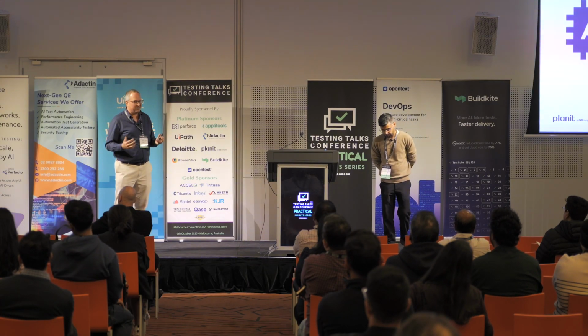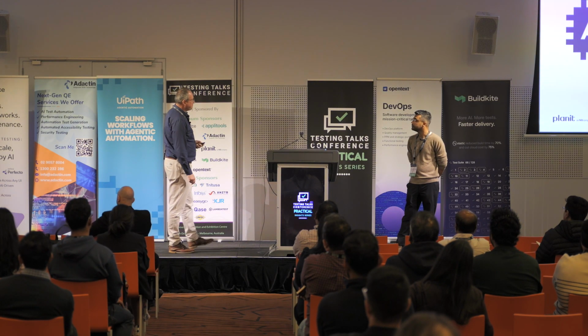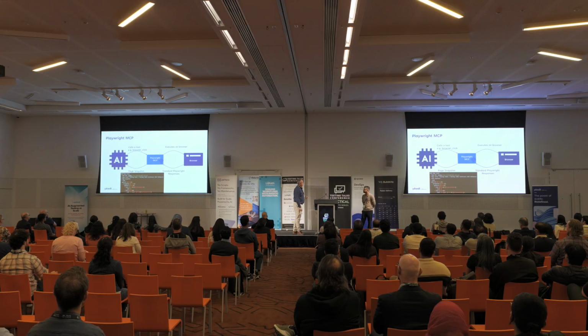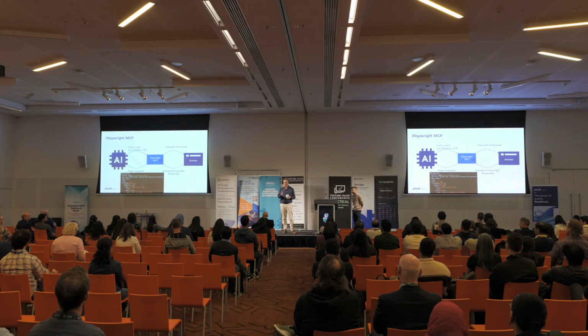So it's kind of a bit of a locator scheme there. But we'll go into a little bit more detail around that as we go through. But the key thing to remember here is that Playwright MCP, it's just an API. It's just something sitting in front of Playwright that lets LLMs talk to it. It's quite simple.